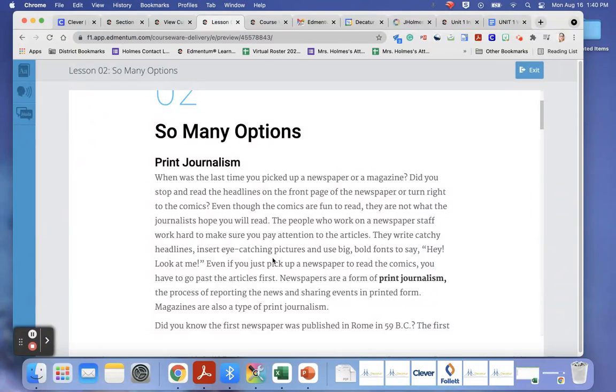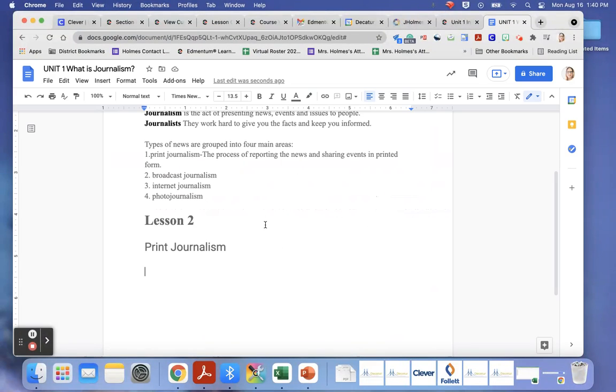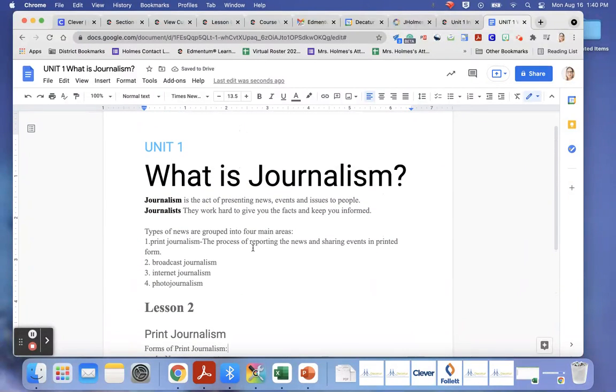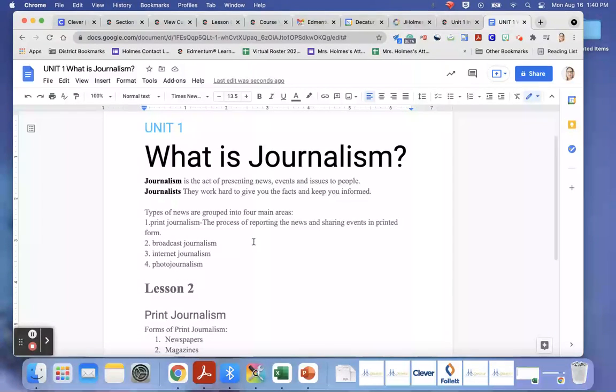What is it about print journalism? Newspapers, magazines. So you would come over here. Newspapers, magazines, they're forms of print journalism. You see where we started up here. Now we're just going to go through each lesson and break it apart. So that's what I do.